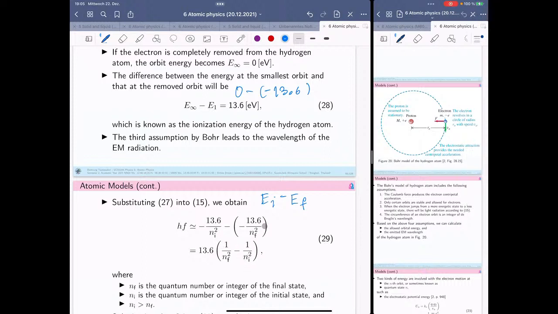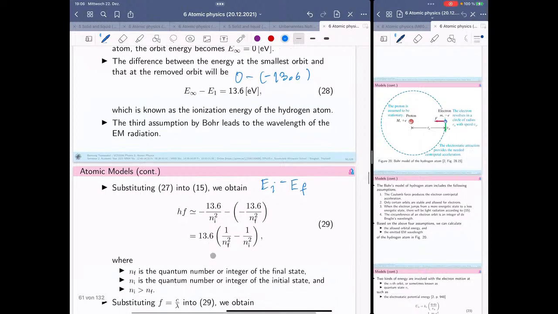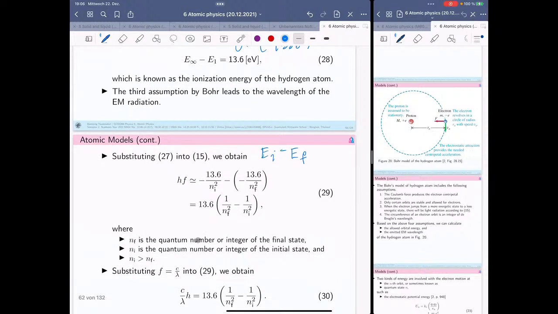Both terms have the same 13.6 constant, so we move it out. nf is the quantum number or integer of the final state, and ni is the quantum number or integer of the initial state, and ni is greater than nf.